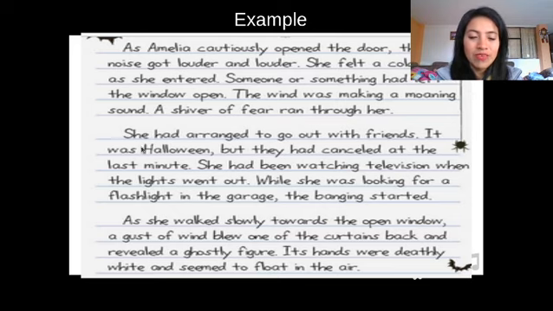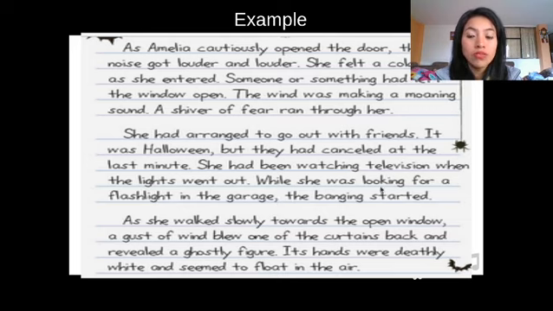Atmosphere, can you see? Can you notice that? She had arranged to go out with friends. It was Halloween, but they had canceled at the last minute. She had been watching television when, here we have a connector, that interrupts an action, the lights went out, right?